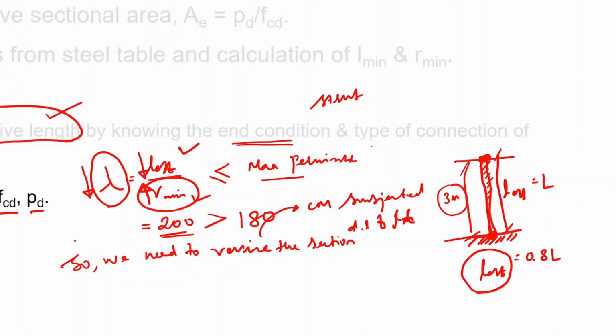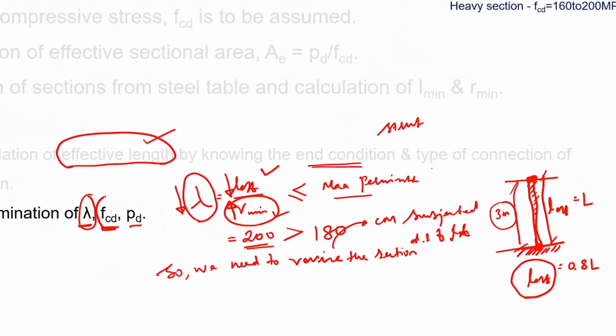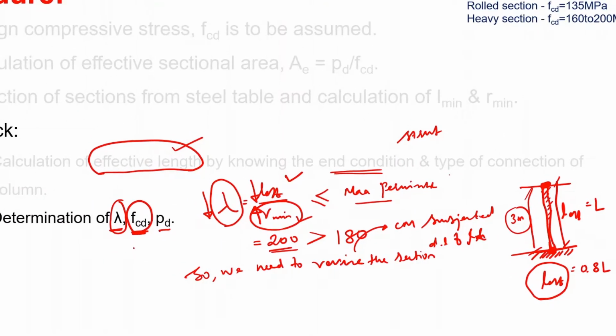Okay, once this slenderness ratio is within the permissible limit, then you need to calculate the design compressive stress fcd by referring to Table 9. There are 4 tables in 9: 9A, 9B, 9C and 9D. You have to first determine the buckling class of the given section.